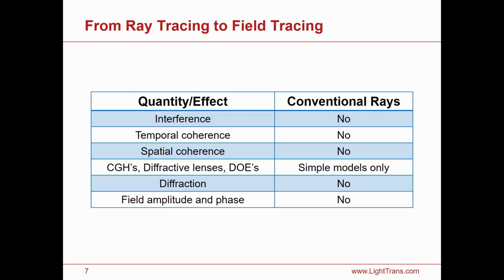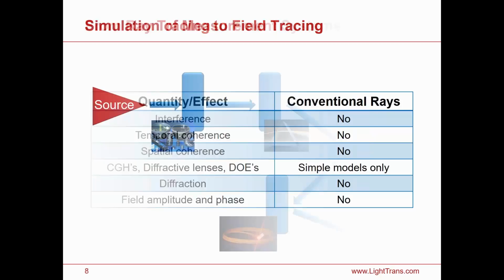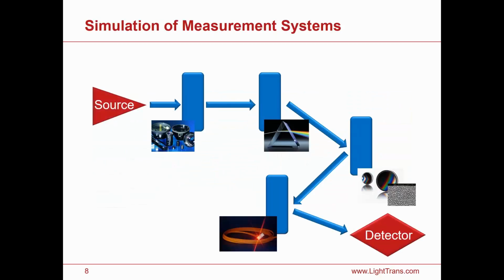So to summarize the limitations of classic ray tracing, we have no chance to simulate interference effects, coherence of light, as well as diffraction. So for the simulation of complex measurement systems, we have to switch to physical optics simulation.